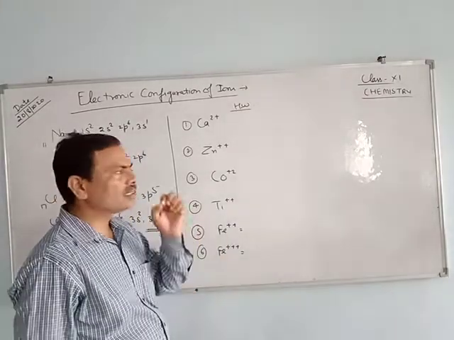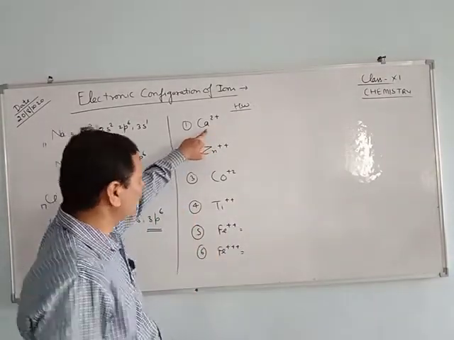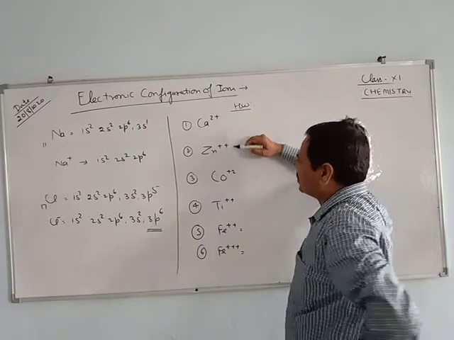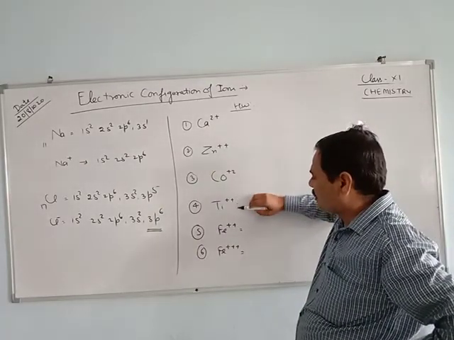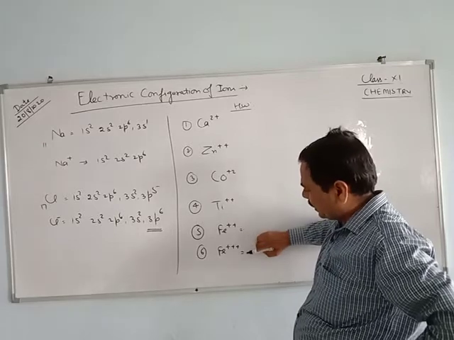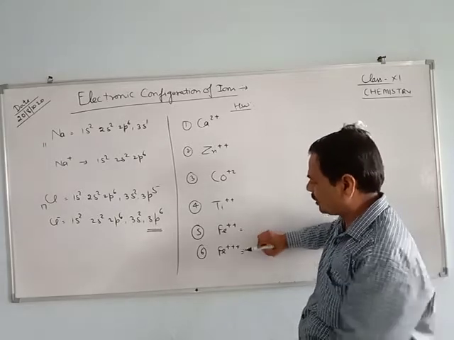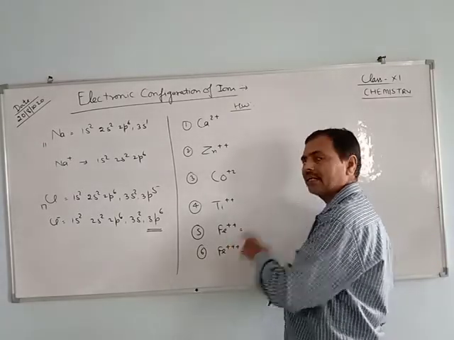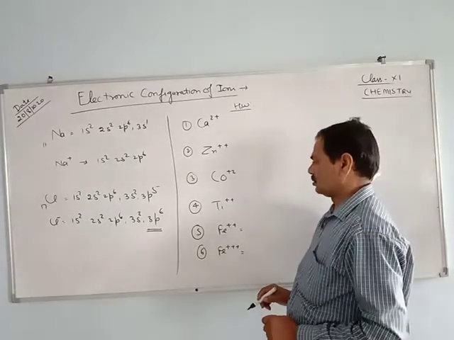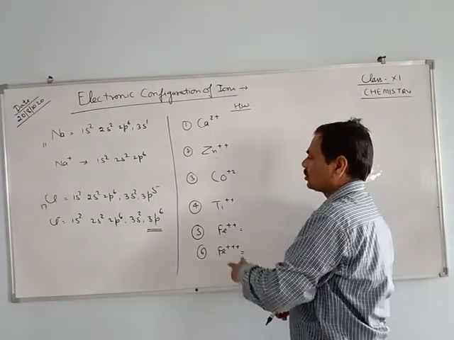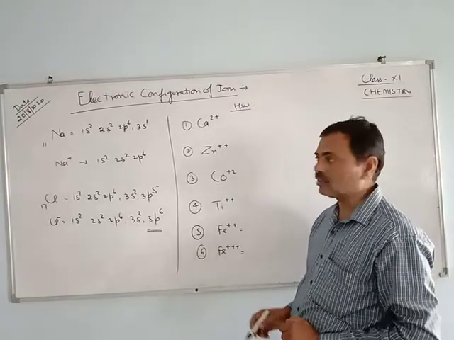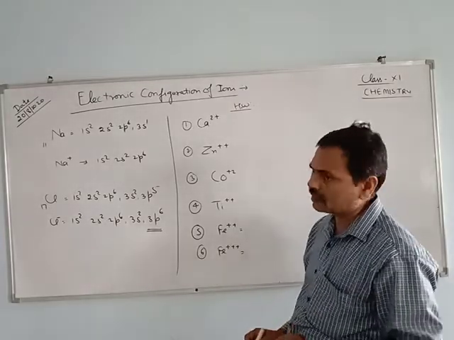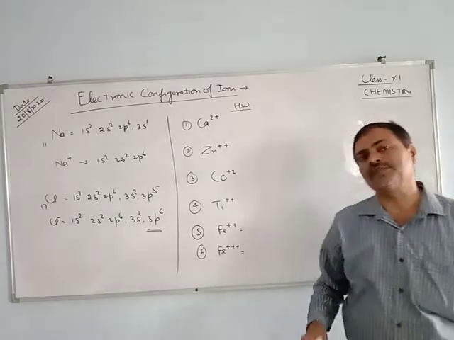You have to write the electronic configuration of the calcium ion, zinc ion, cobalt ion, titanium ion, ferrous ion and ferric ion. Fe+2 is the ferrous ion, Fe+3 is the ferric ion. Write the electronic configuration of these ions that I have given you as homework, and send it in the class group.